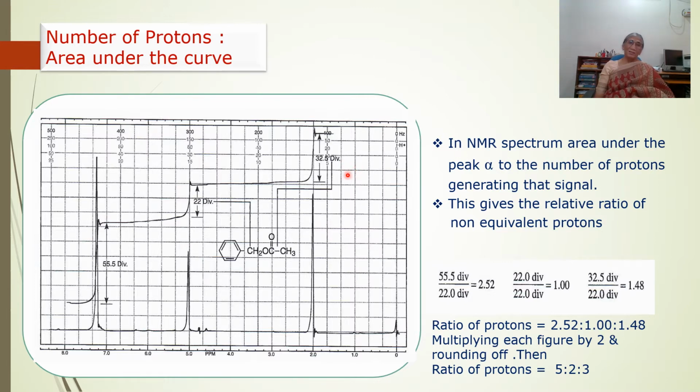Now each larger number is divided by the smallest number, and by doing this we get the relative number of protons giving a particular signal.